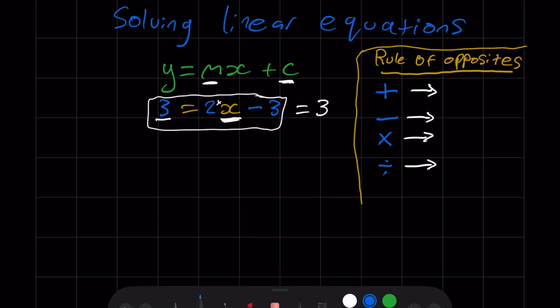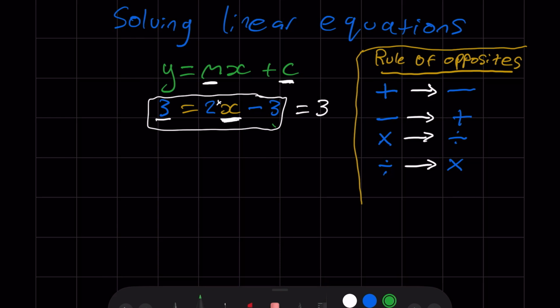So for plus, our opposite is minus. For minus, our opposite is plus. For multiplication, our opposite is divide. And for divide, our opposite is multiplication. So these two here are opposites, and these two here are opposites. This is what we use when we are solving linear equations.